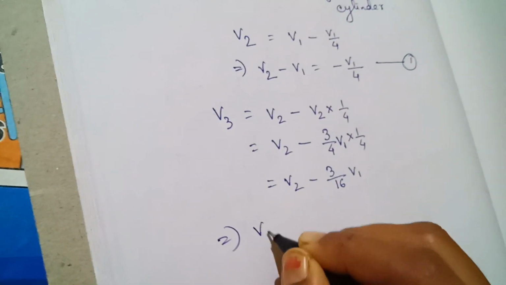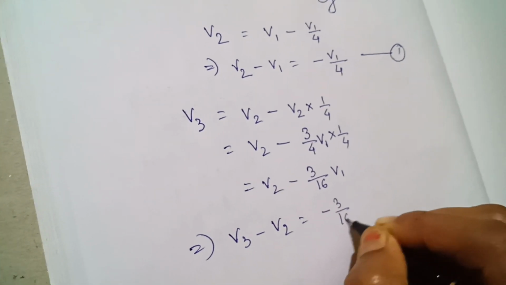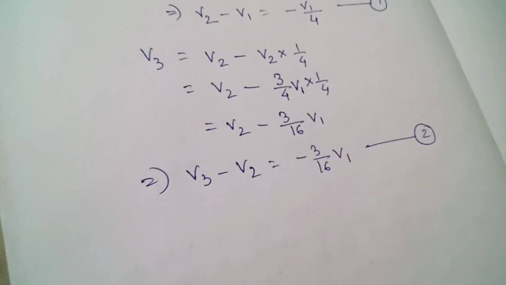So we can write from this V3 minus V2 equals minus 3 by 16 V1. This I am giving number 2.